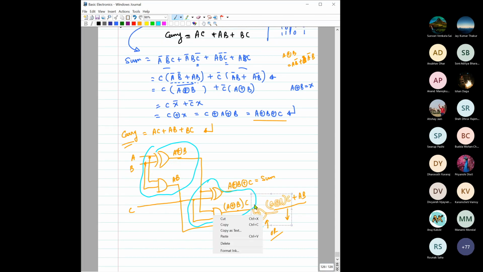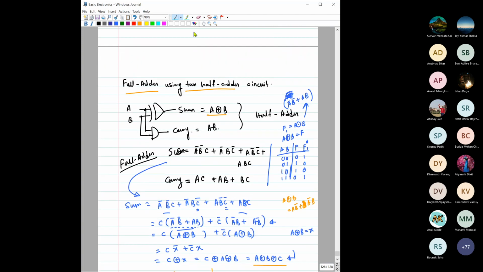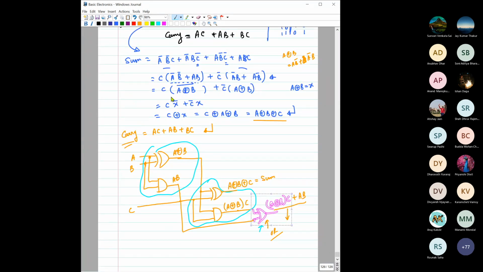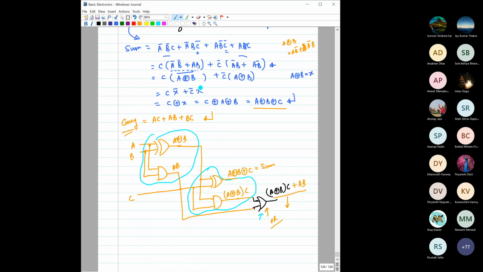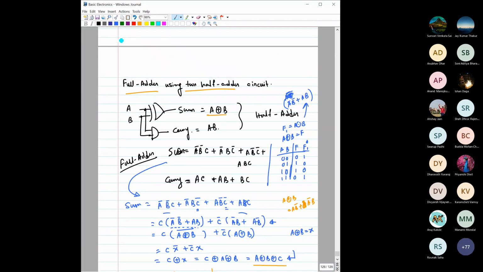Okay. Then you want me to mention it in the question? So I will mention it in this question: full adder circuit using two half adder circuits and an OR gate.